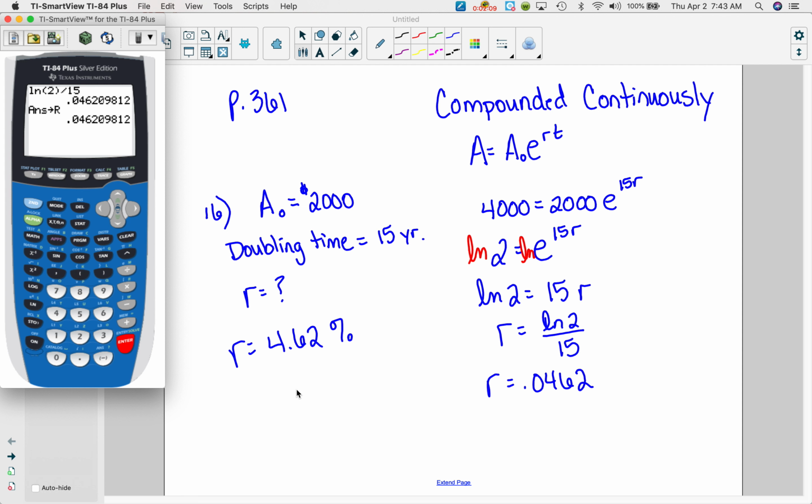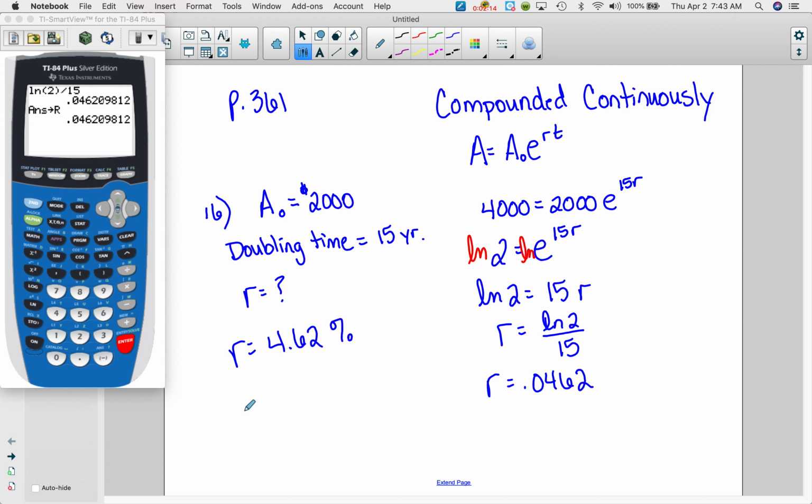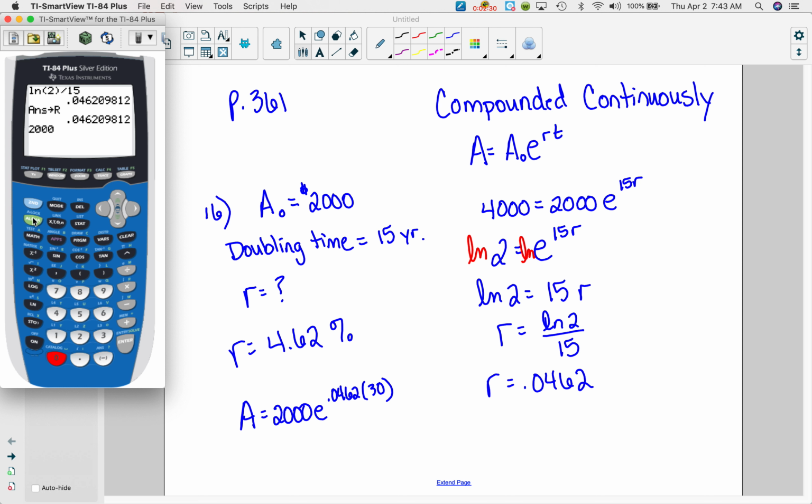Okay, so we want to know the amount in 30 years, so we're going to do A equals 2,000 e to the 0.0462 times 30, but I am going to use my value of R, so I have 2,000 e raised to the R times 30, and we get $8,000.